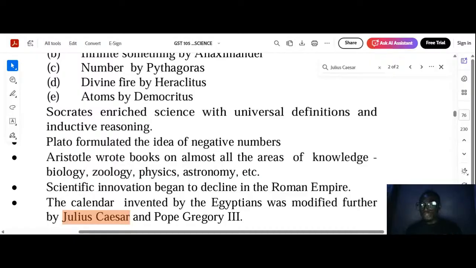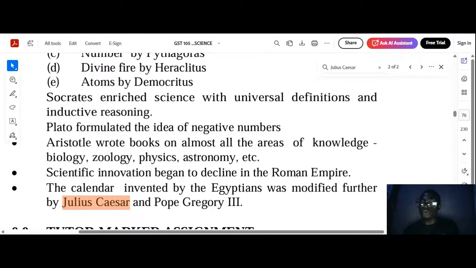Then Aristotle wrote books on almost all the areas of knowledge: biology, zoology, physics, astronomy, etc. Aristotle is in fact a scientist that covered so many fields, like you can see there. Now, scientific innovation began to decline in the Roman Empire.